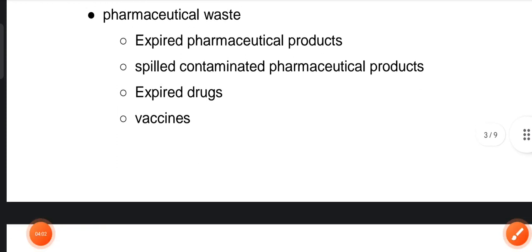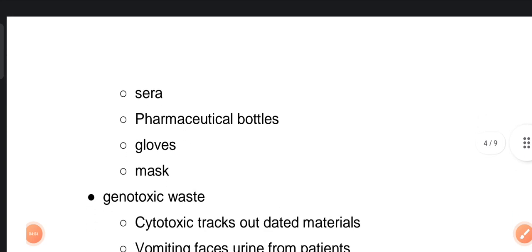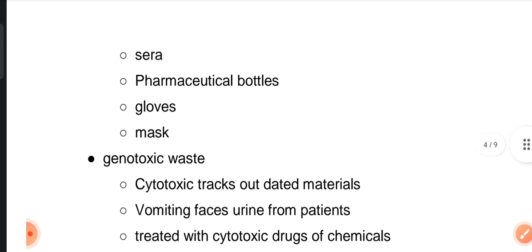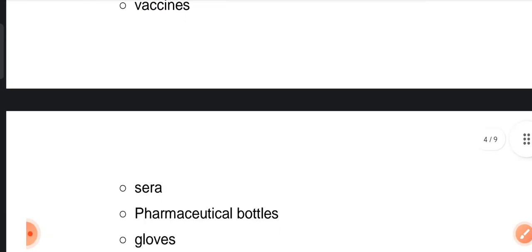So these are the pharmaceutical waste. And sera is nothing but chemicals, and pharmaceutical bottles, gloves and masks. Those are the pharmaceutical wastage.